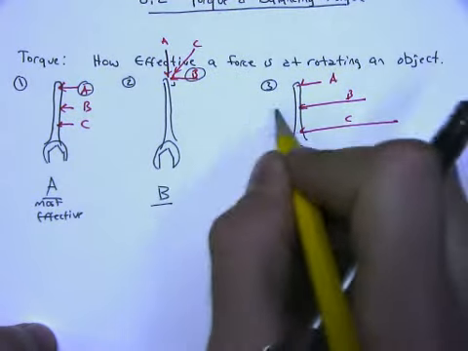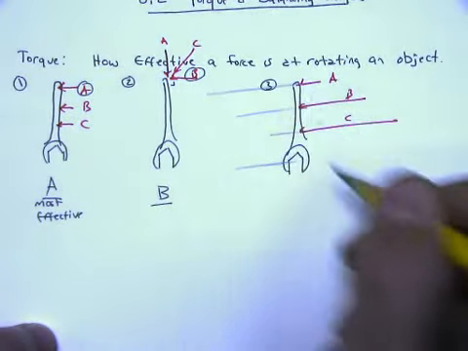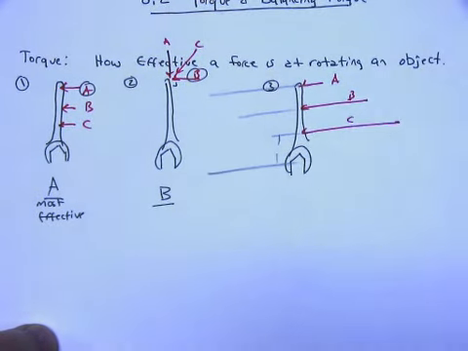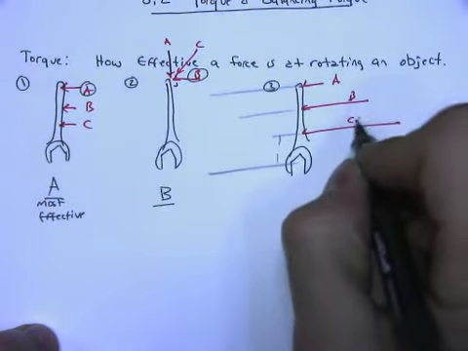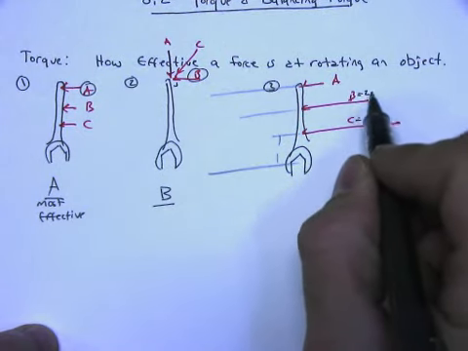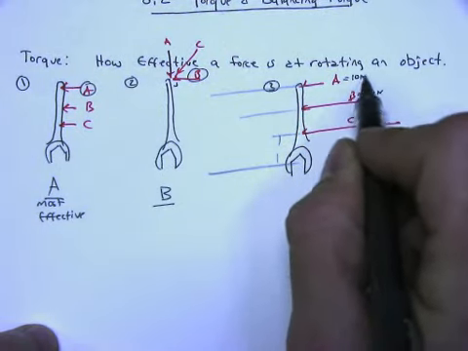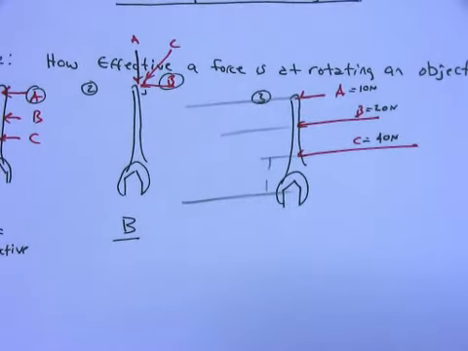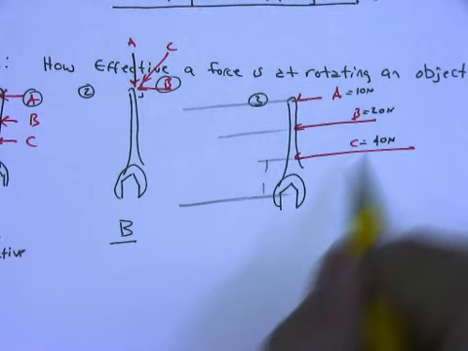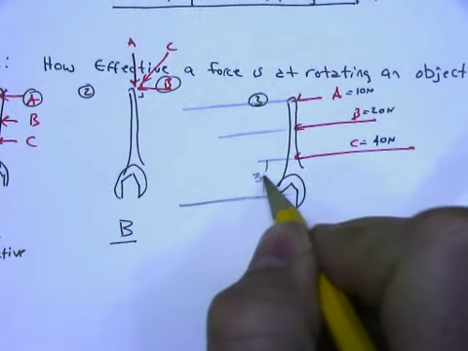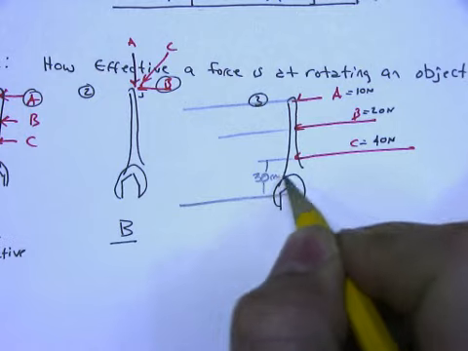It depends how far away these things are. So let's say C is equal to 40 newtons, B is equal to 20 newtons, and A is equal to 10 newtons. But then these distances, let's say it's 30 centimeters.